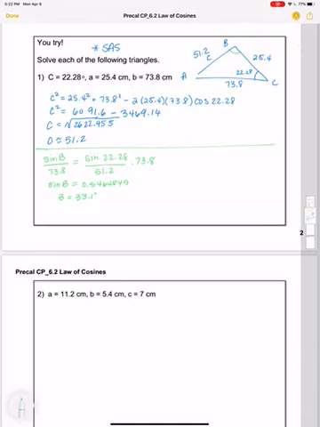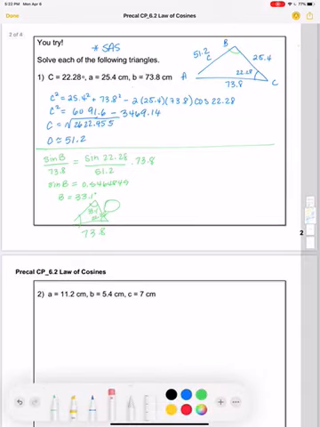Okay, now, does that make sense? The side 73.8 is across from it, and this is 33.1. That's like impossible, because if this is 22.28, this is going to have to be massive, but this side is the smallest. So that is a problem, and that's where we have to be careful.